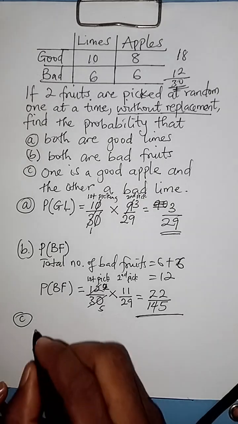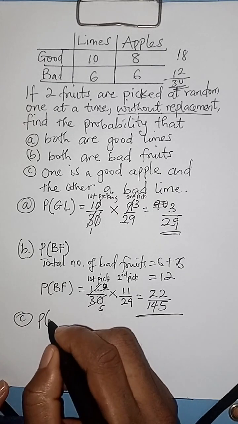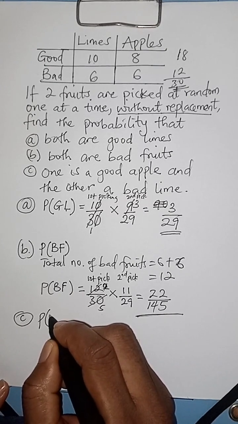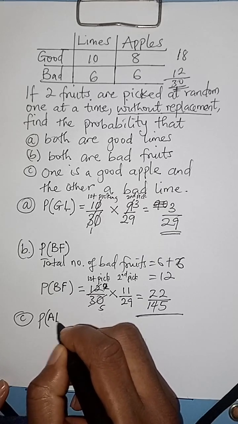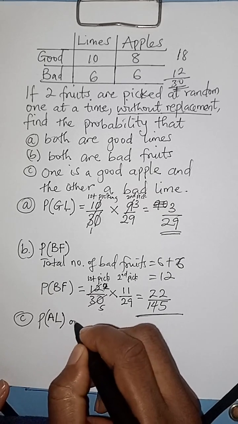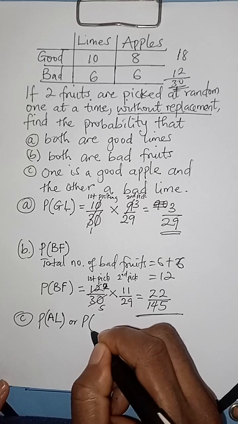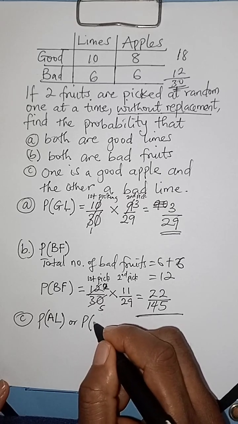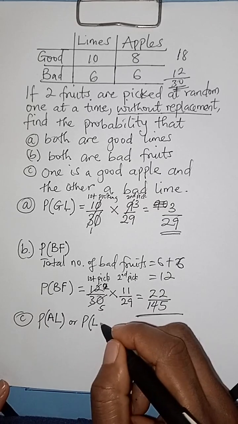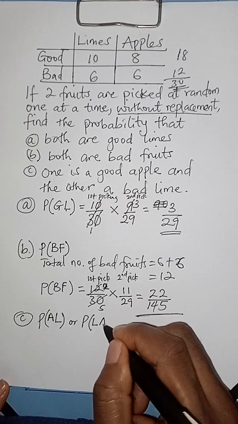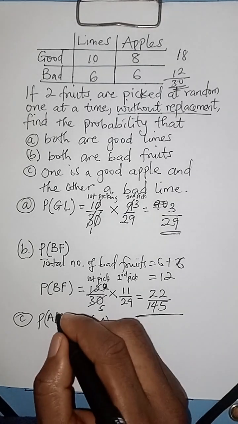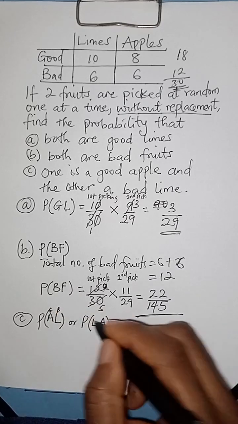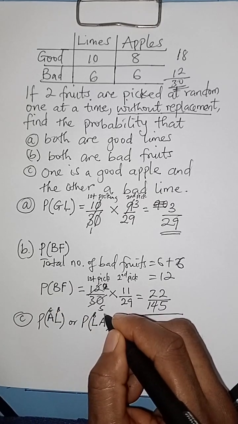So let's solve for the probability that the first fruit is a good apple and the second pick is a bad lime, or the probability that the first pick is a bad lime and the second pick is a good apple. So take note, the A stands for good apple and the L stands for bad lime. Let me just put this on top, bad lime, good apple.